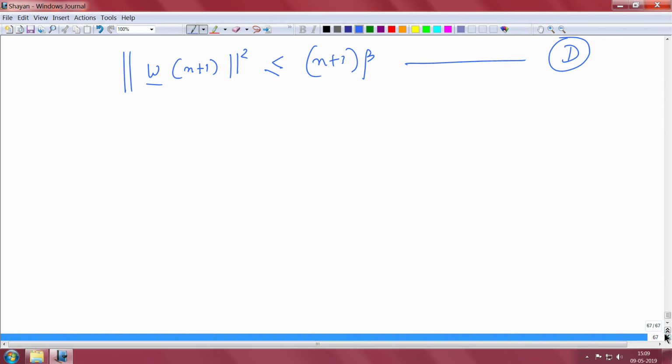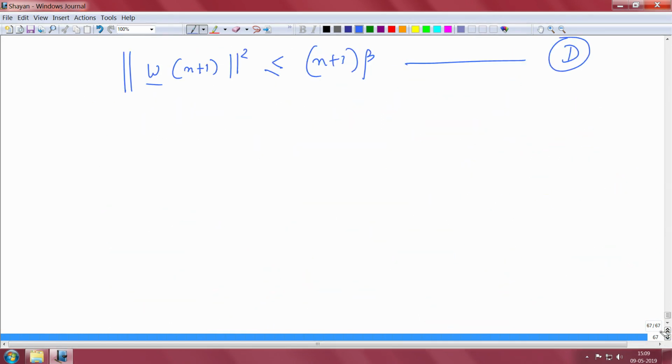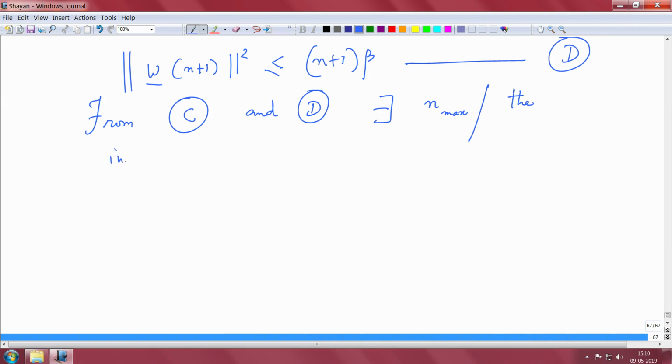Now, we have D and we have an earlier inequality which is C. Now, from C and D, there should exist an n, I would say n max, that is the maximum number of epochs, such that the inequalities satisfy the equality condition.